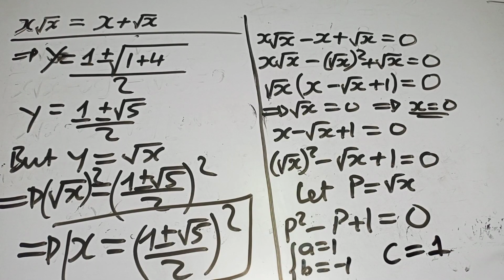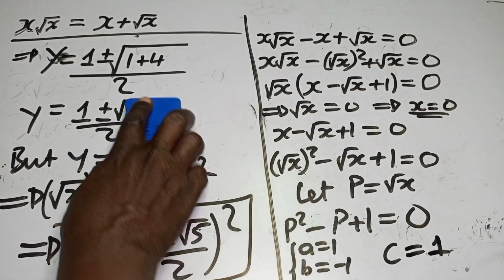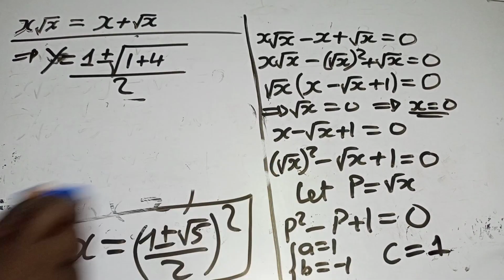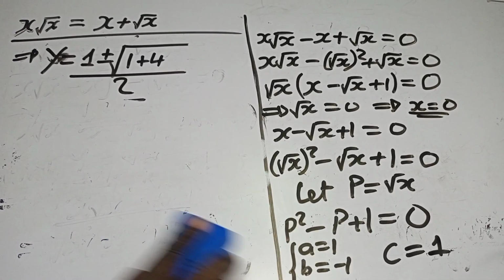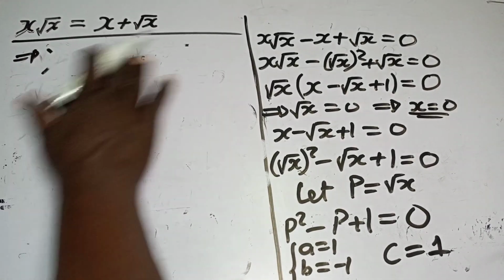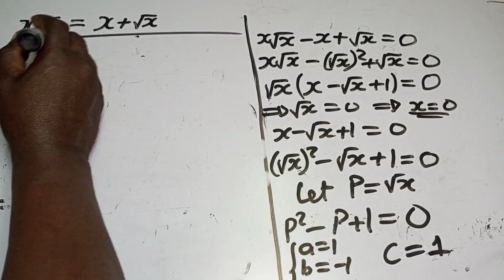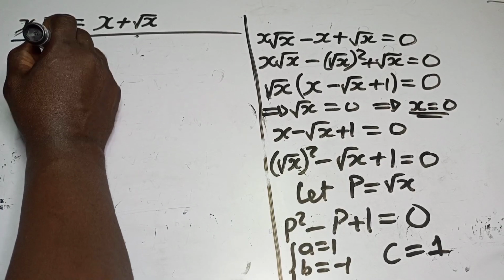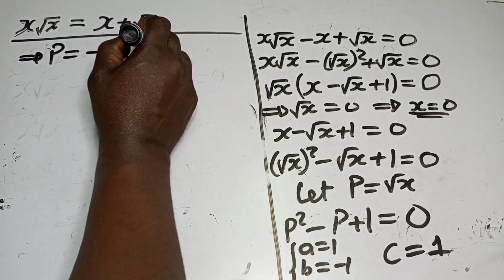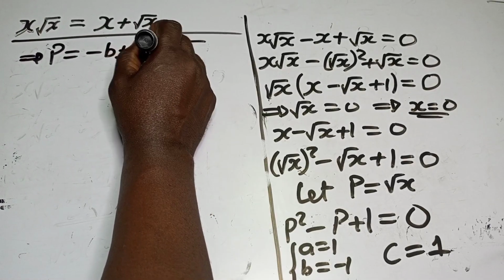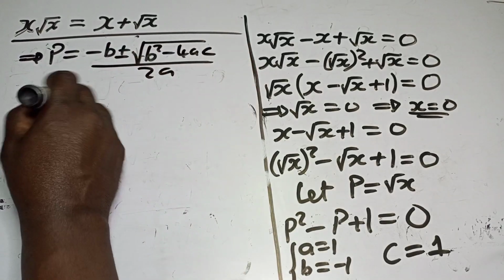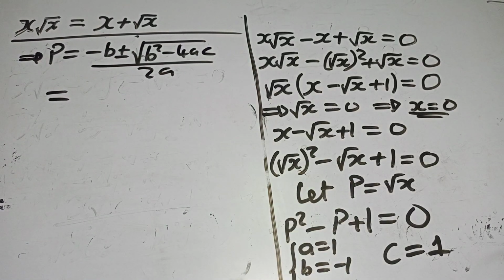Now let's put that in our quadratic formula. p is equal to minus b plus or minus the root of b squared minus 4ac all over 2a. Let's put in our values carefully.